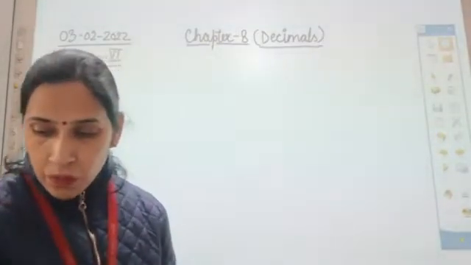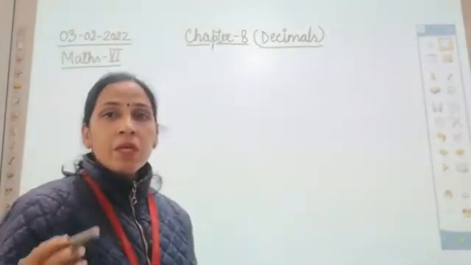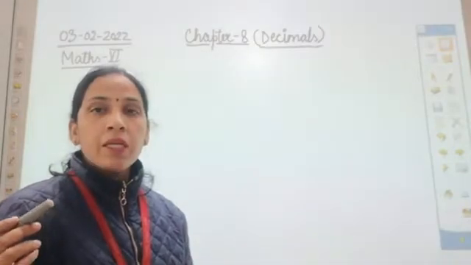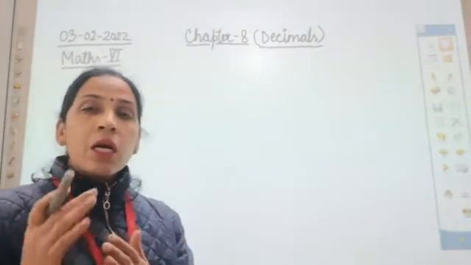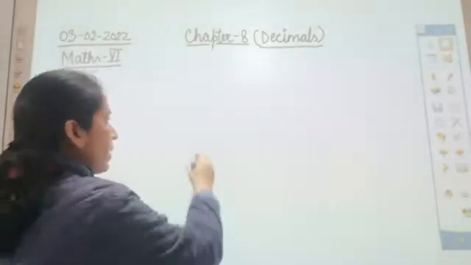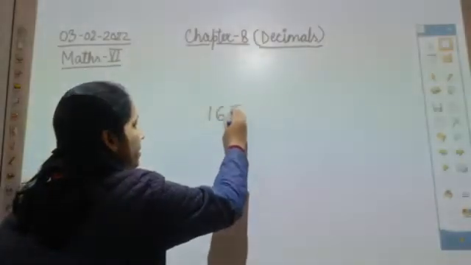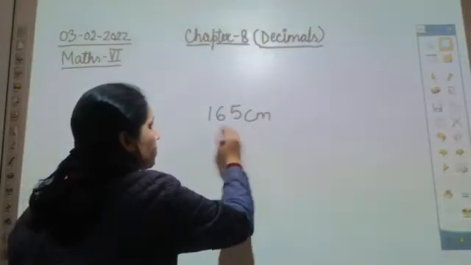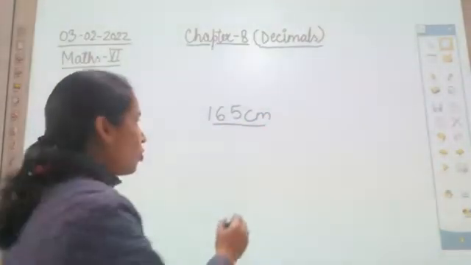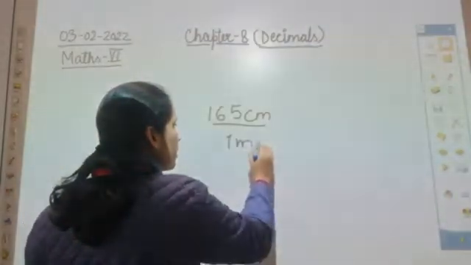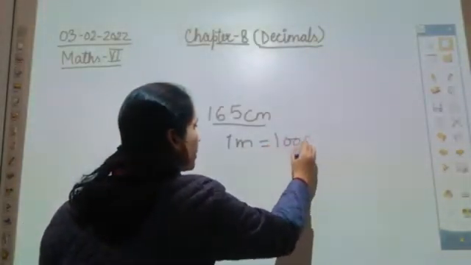Now for example, if you have been given the height of anybody in centimeters, like in simple conversion, if my height is given as 165 centimeter. Now if somebody asks what will be your height in meter, I am going to do that conversion. 1 meter is equal to 100 centimeter.